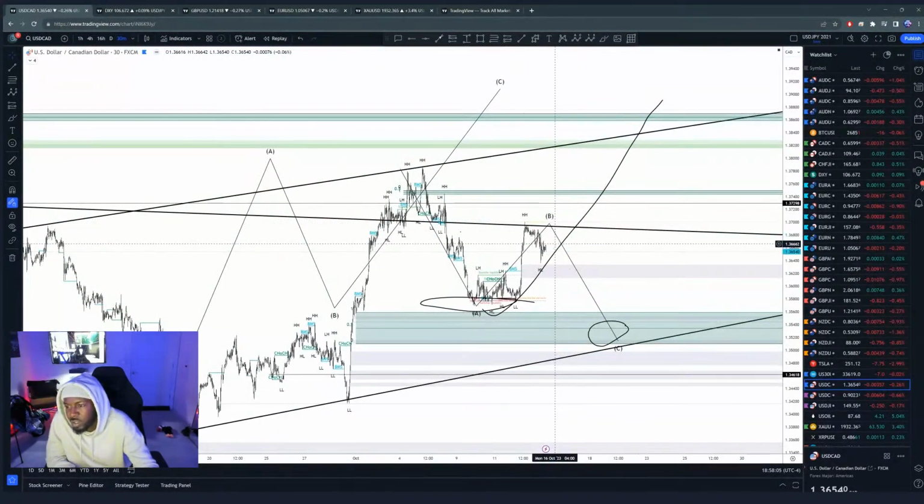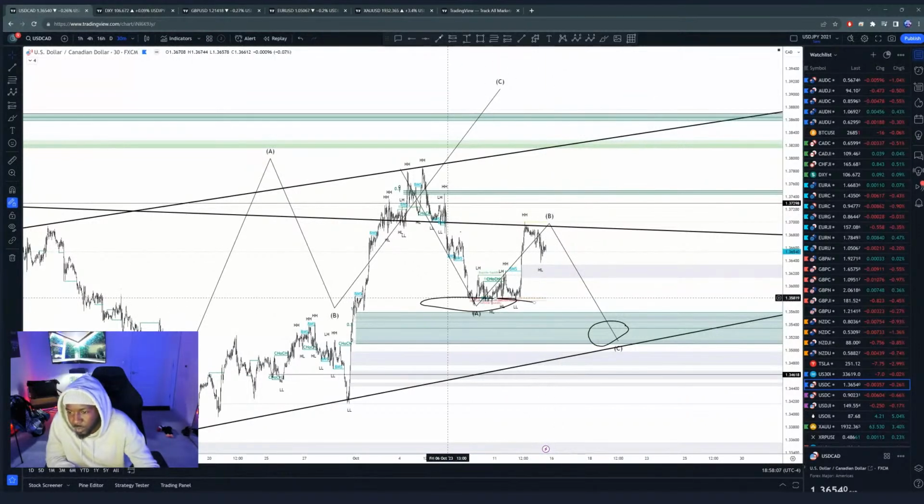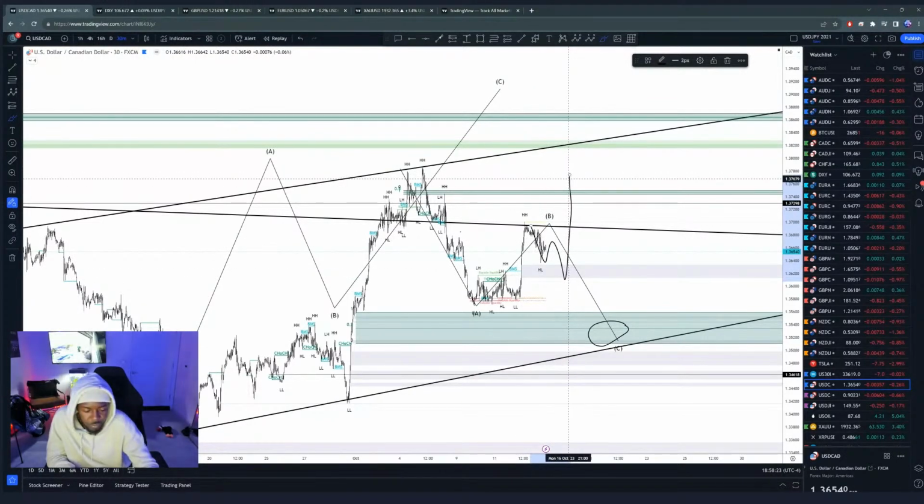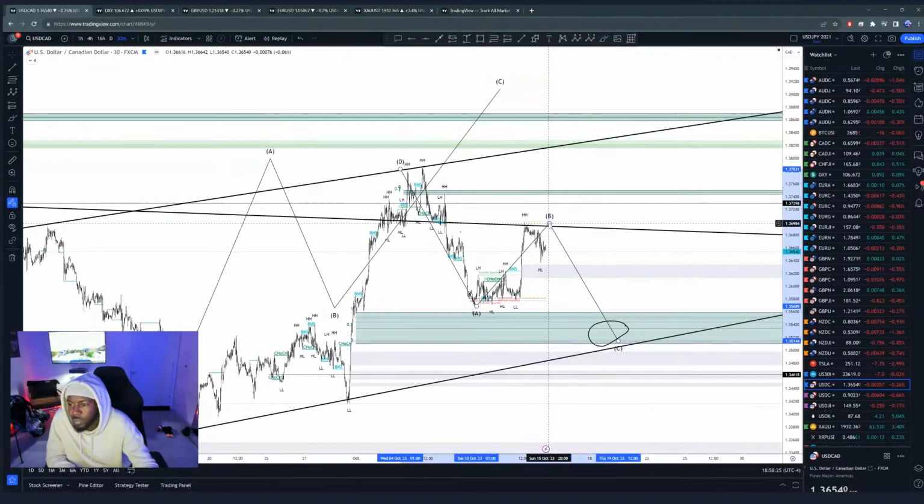You just have to watch the charts to see which one potentially will flow. Again, right now we're following the first one pretty well. So if the dollar is to continue up and break this level, then it should flow with the first one, and we'll end up going with that A, B, C right here, and then continue up. Cool. So that's what I'm saying for USD CAD.